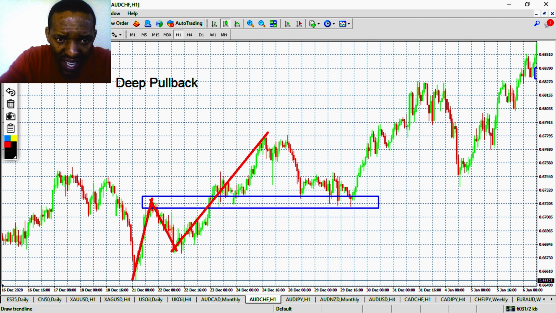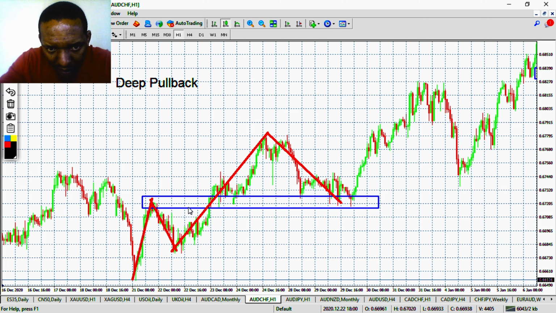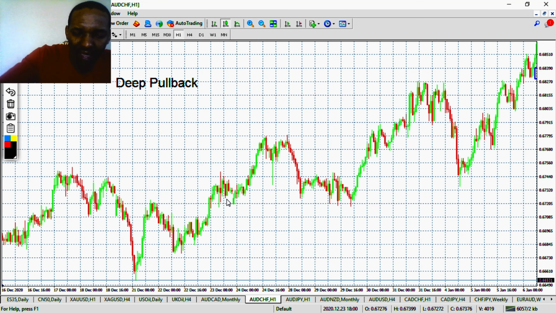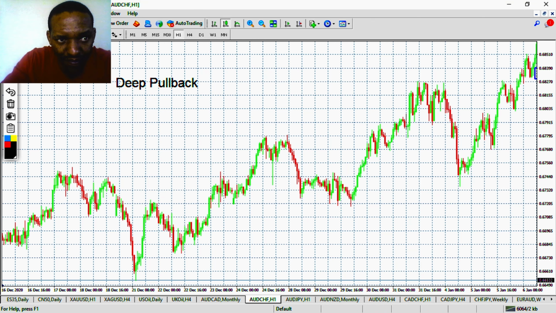At that area right here, we had a pullback, pulling to our previous low. This is our previous low because of the market entries.